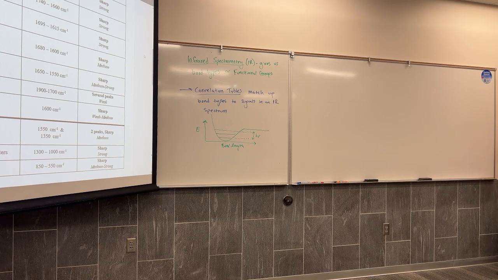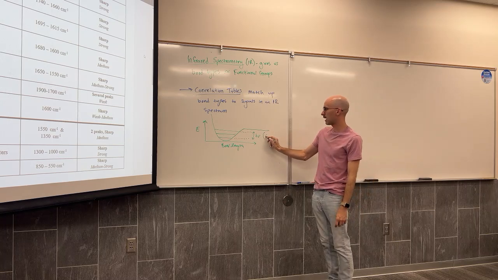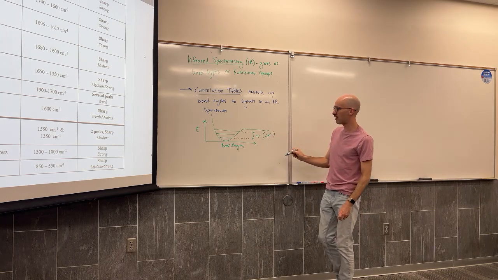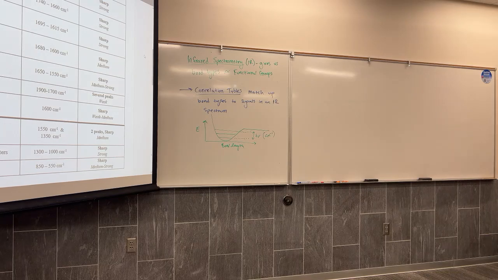H nu is often a way to abbreviate light. We are going to be looking at light with units of inverse centimeters when it comes to IR absorption. Inverse centimeters, is that frequency or wavelength?